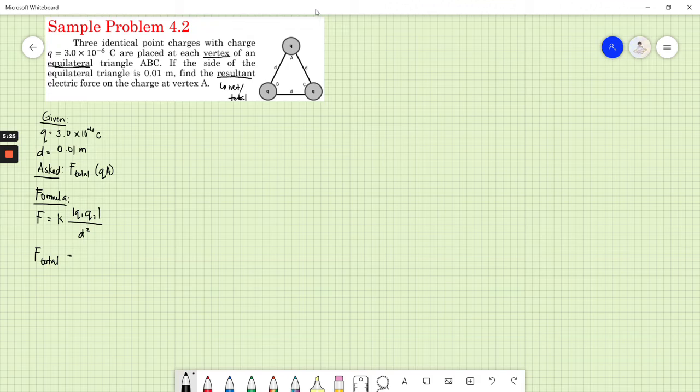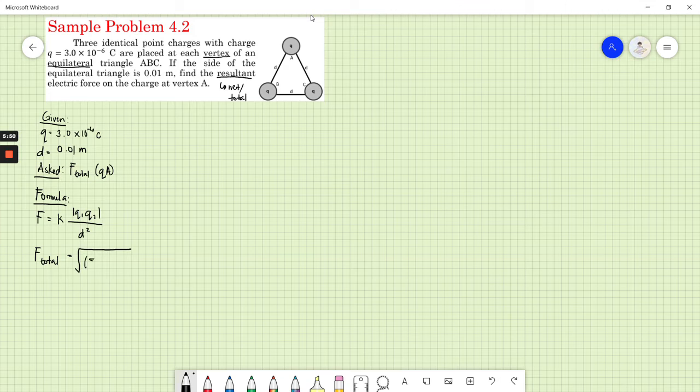But unlike the previous sample problem, where our Q1, Q2, and Q3 are in a straight line, so it's much easier, we just have to add, this time we are in a triangle. So I will explain later why we are going to use this equation here, but this is the equation we have to use for looking for F total.